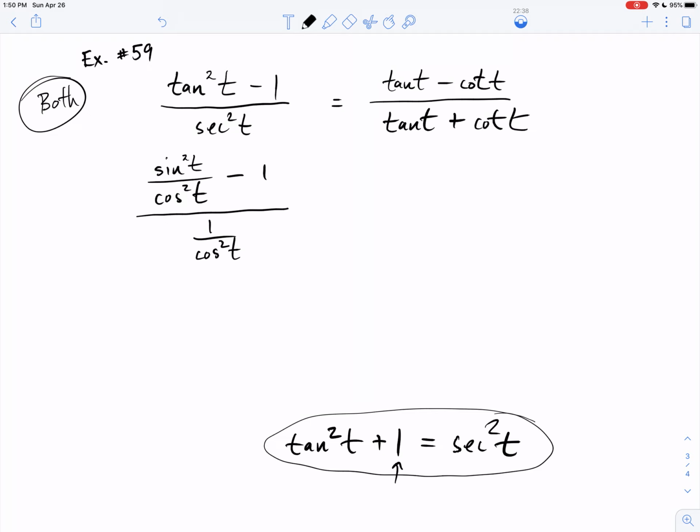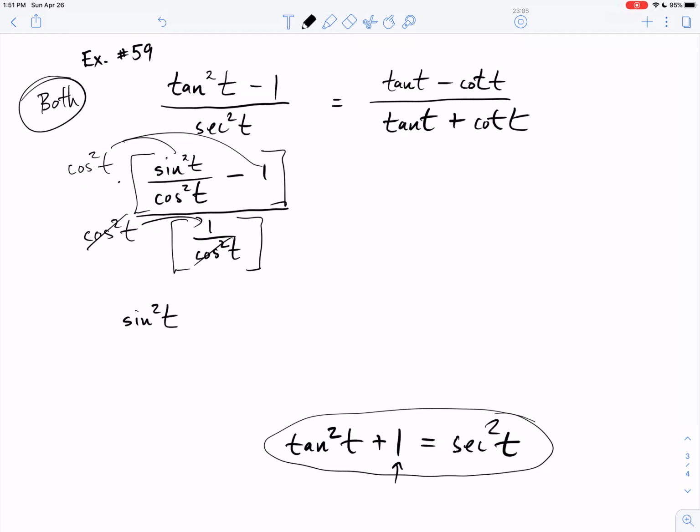I'm now going to take the entire top and the entire bottom and multiply everything by cosine squared t. When I do that on the bottom, they both cancel. I get 1. On the top, the first fraction, these cancel. On the second one, it just says this.